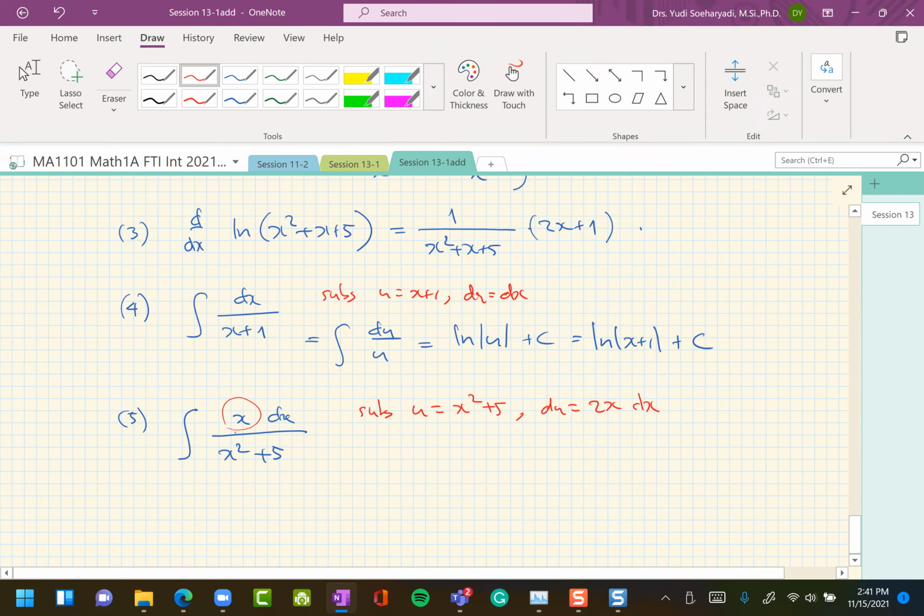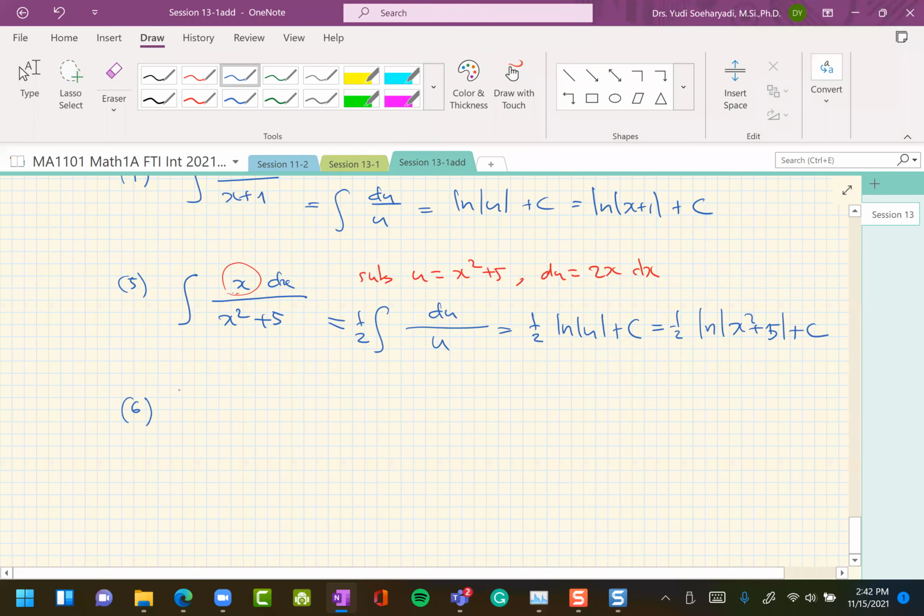So we have this x dx, which is 1/2 of du. So with substitutions, what we have is 1/2 of du over u, so x dx compared to 2x dx. Again, this gives you ln. Let's put it back: 1/2 ln of x squared plus 5.